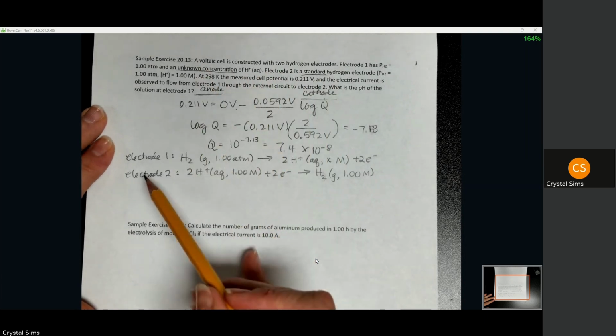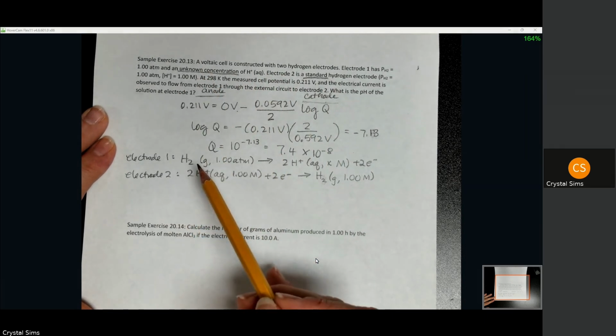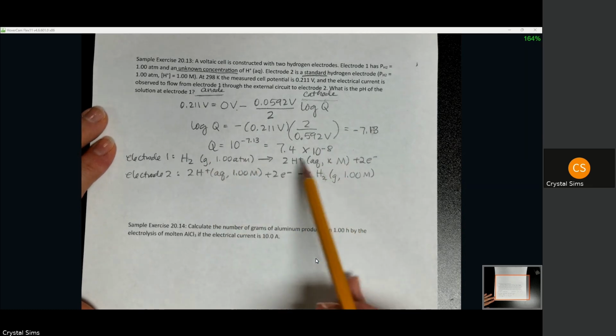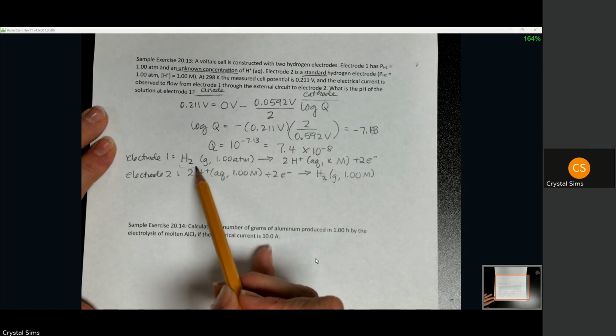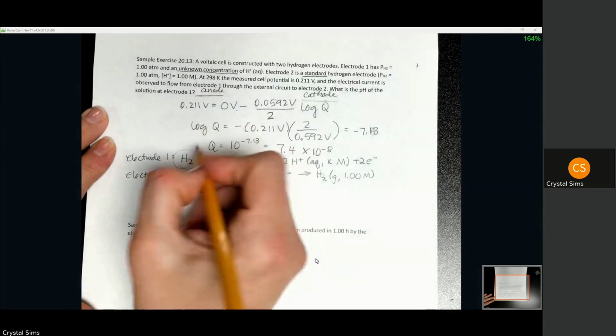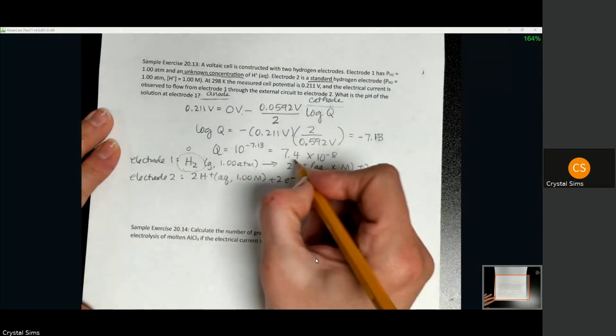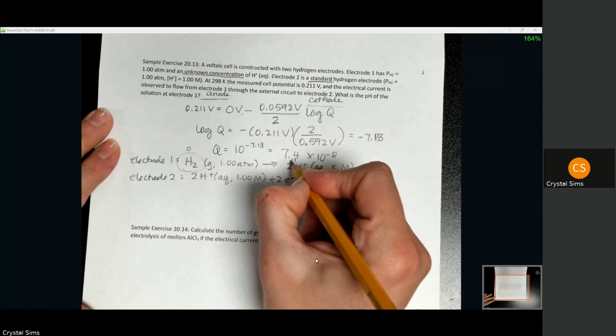So electrode 1 is my anode, which means electrons are leaving, they're flowing out. Well, the only way to do that is to start with something that is 0, like I did here, and then this would be positive 1.